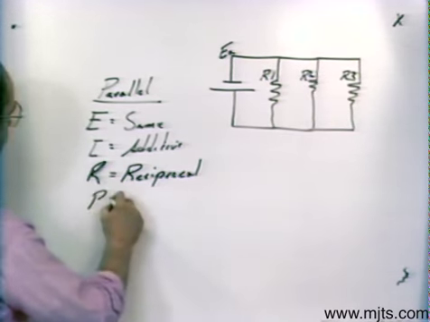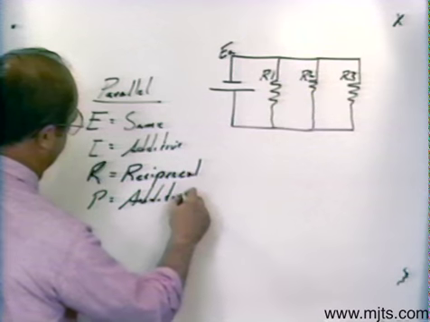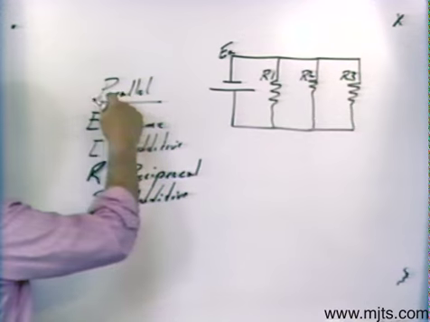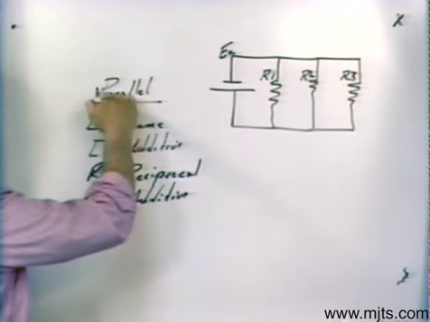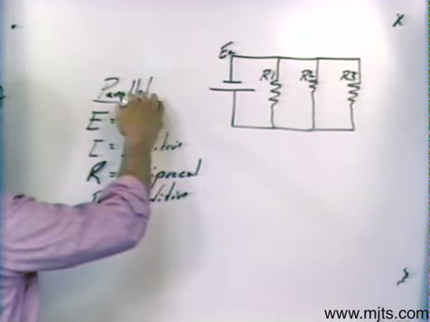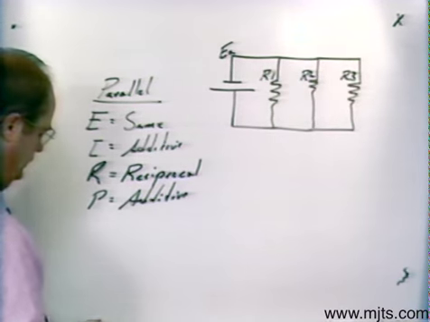Now, we said power in any circuit was additive. Remember we did the same thing for a series circuit. We listed each of the parameters and how we treat each of those parameters in each of those circuits.